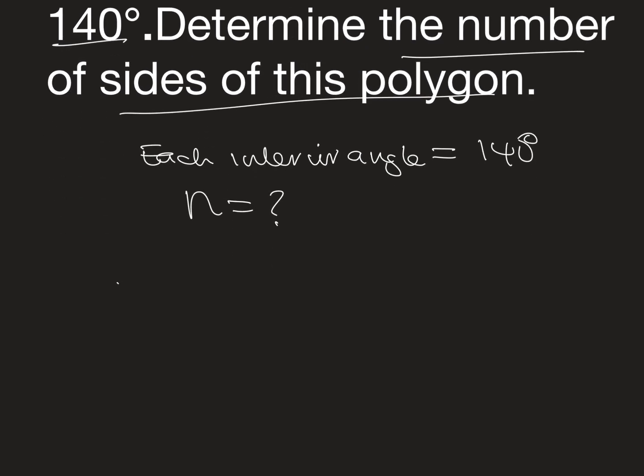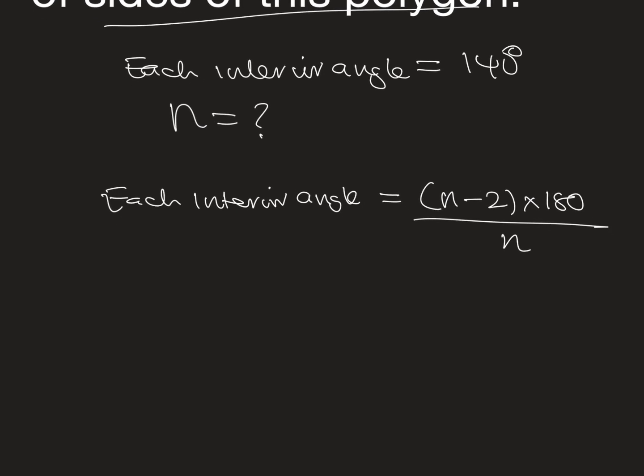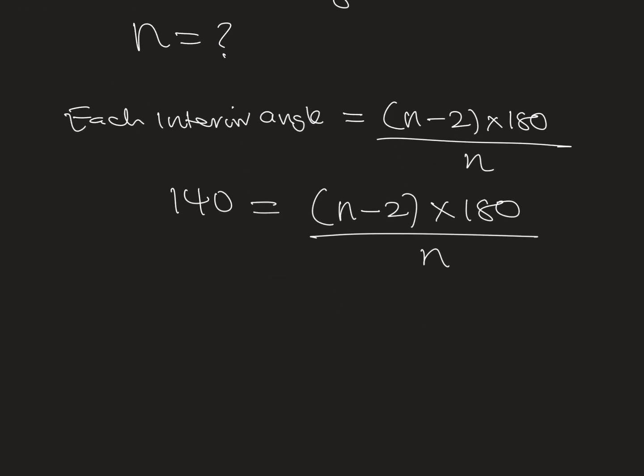We know that each interior angle is equal to n minus 2 multiplied by 180 divided by n. So if that is 140, this is going to be n minus 2 multiplied by 180 divided by n. If we cross multiply, we'll have 140n is equal to n minus 2 multiplied by 180.